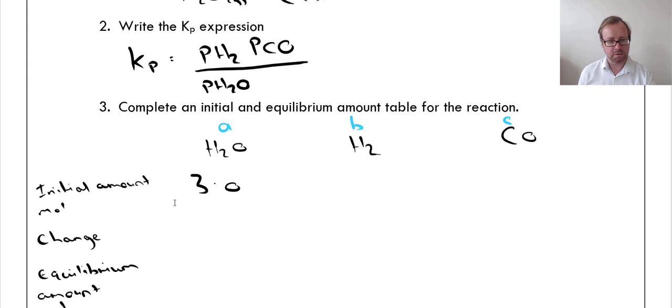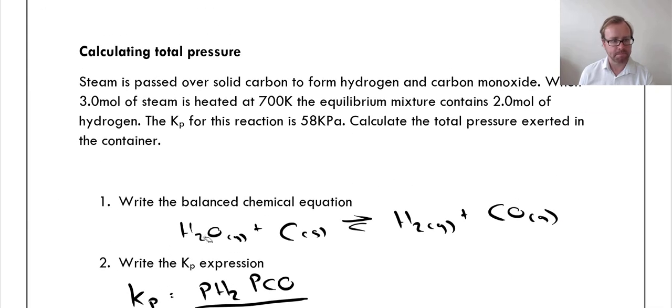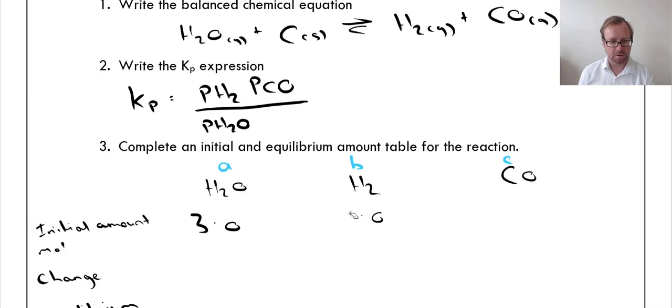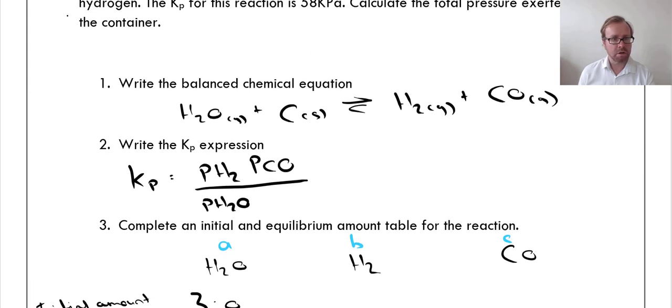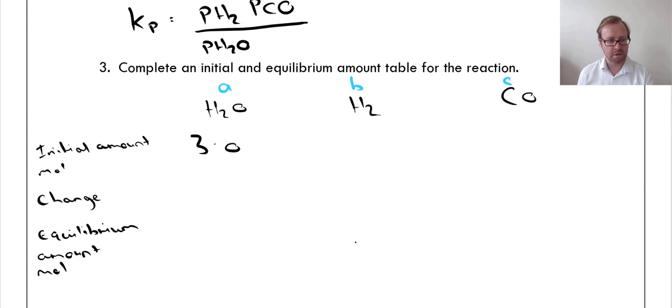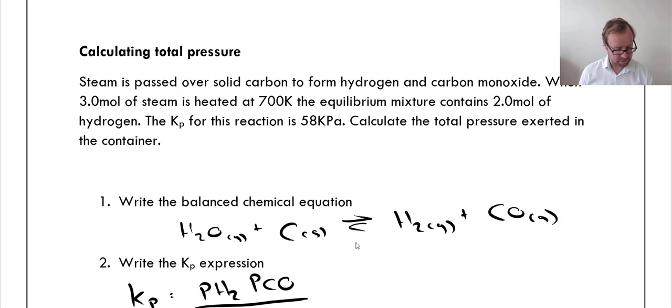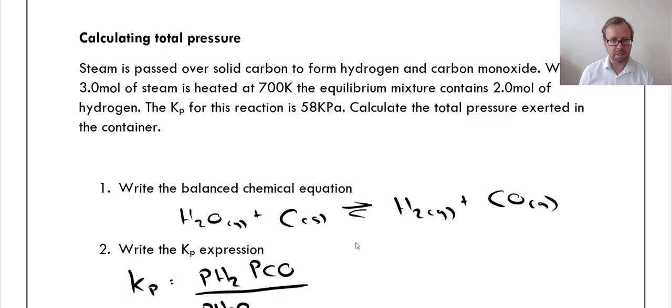The mixture contains 2 moles of hydrogen. Now that's all I know from the question. So the only thing I know is that this is 2 moles. Okay. So what does this mean?